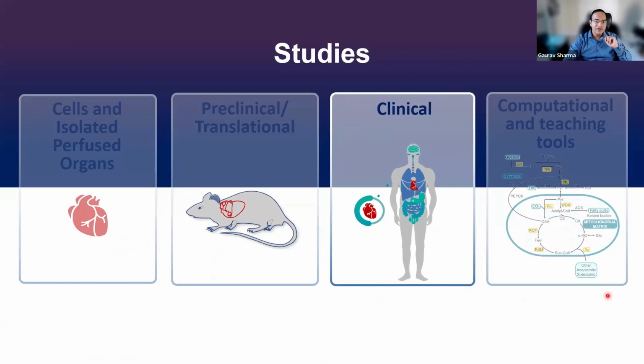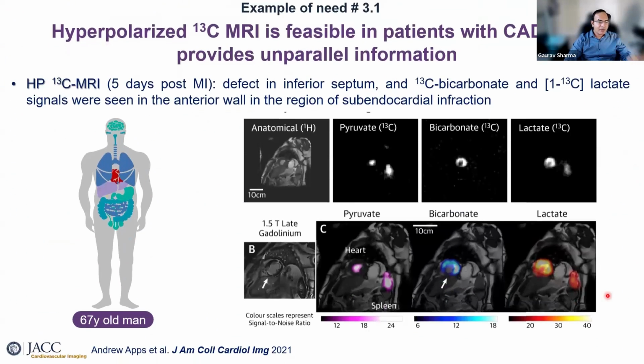Now I wanted to give you some examples of the clinical history. Hyperpolarized carbon-13 MRI is visible in the myocardium. There is a report by Chuck Cunningham in 2016, which was the first report published as this technology was translated to humans.